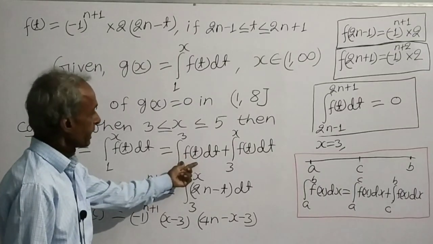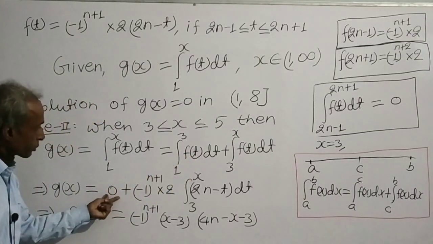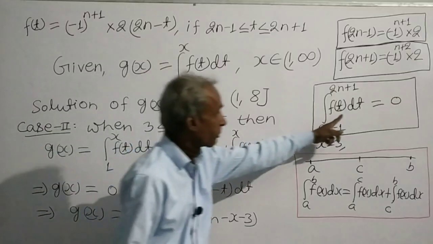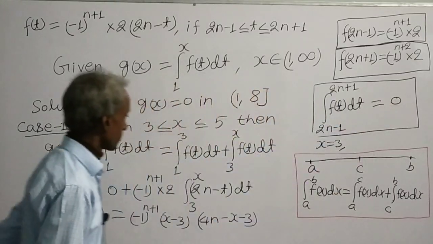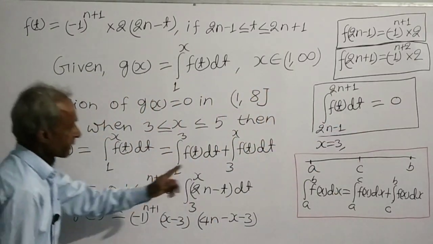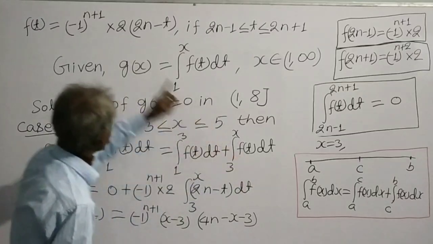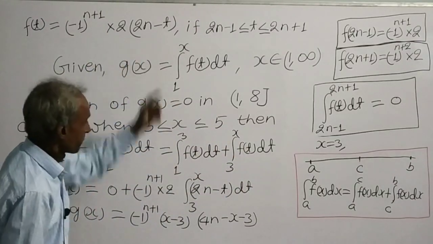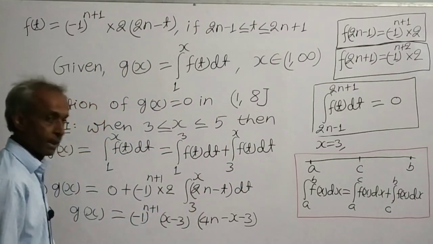The value of the first integral will be equal to 0 because of this result. When we put this value of f(t), we get this.